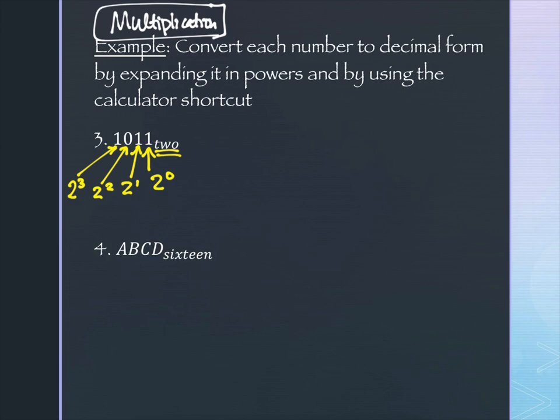Writing it in an expanded algorithm means I have a 1 in the 2 cubed place, and I have a 0 in the 2 squared place, and I have a 1 in the 2 to the first place, and I have a 1 in the 2 to the zero place. Obviously, the 0 one is 0.